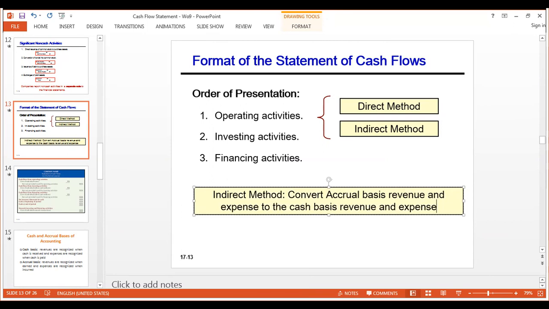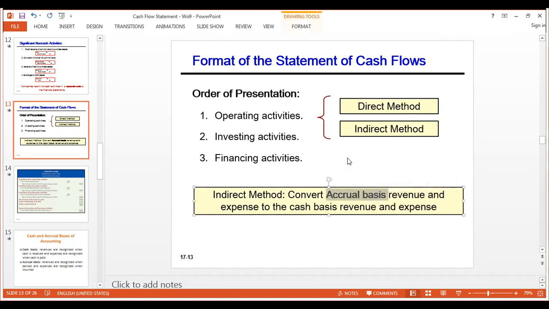Why? Because the question will give you income statement and balance sheet, and the income statement and balance sheet are prepared based on accrual basis.